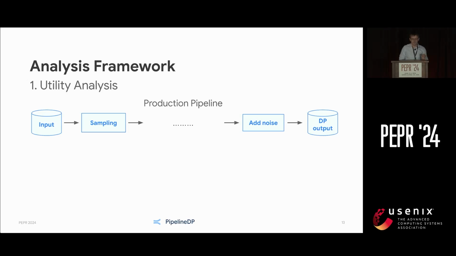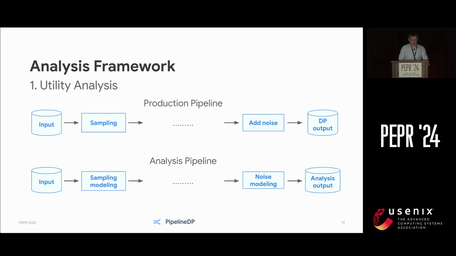For each DP computation, there is some computational graph, a computing pipeline, with nodes corresponding to sampling, noise, and others. The analysis framework uses the same computational graph, but replaces nodes corresponding, for example, to sampling with nodes that model the sampling and compute the error, and the same with noise and others. As a result, for each hyperparameter configuration, we can estimate the error with some error metric.